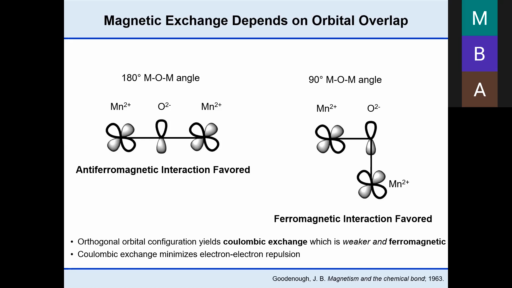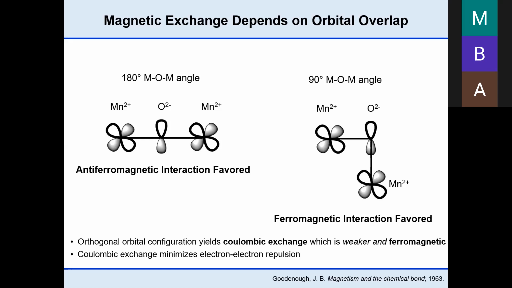So to illustrate this, with superexchange and manganese oxide again, if you were to have a 180-degree metal-oxygen-metal angle, this maximizes the orbital overlap between the diamagnetic p orbitals on the oxygen and the magnetic d orbitals on the manganese atoms. And as a result of this, we get a maximal antiferromagnetic superexchange interaction.